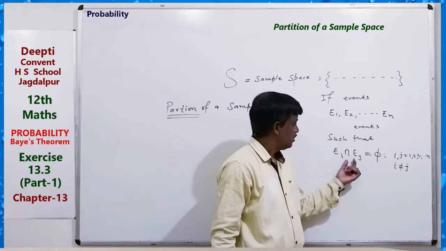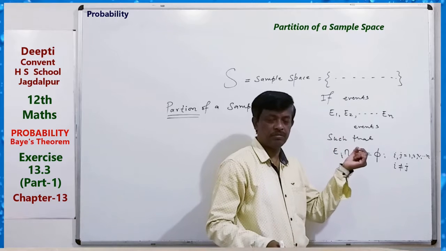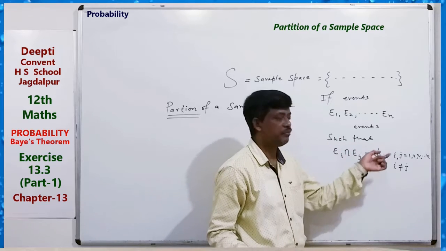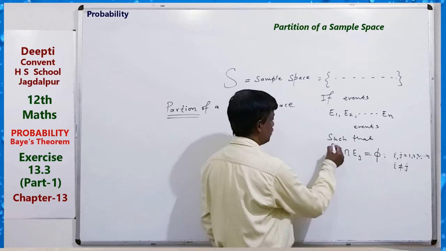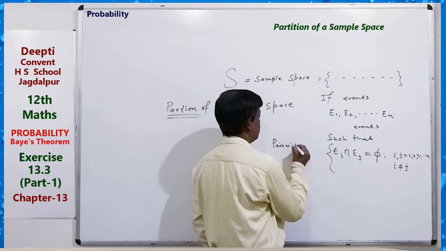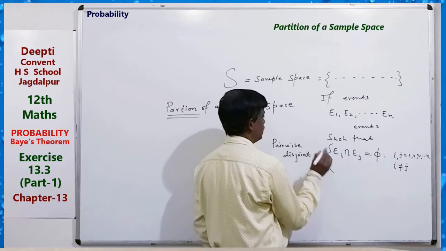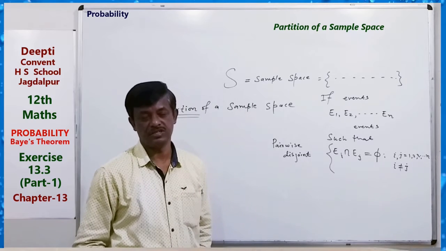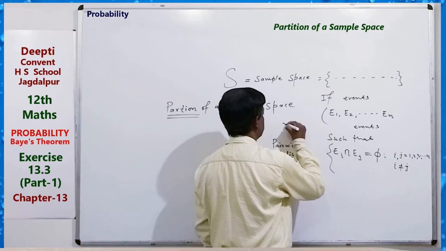It means take any two and find the intersection, it will be phi. This is pairwise disjoint.